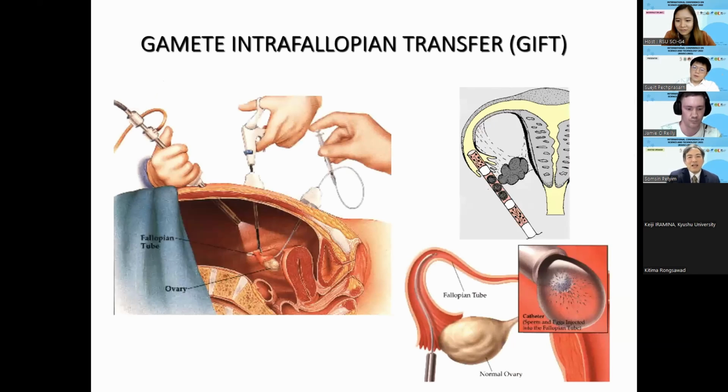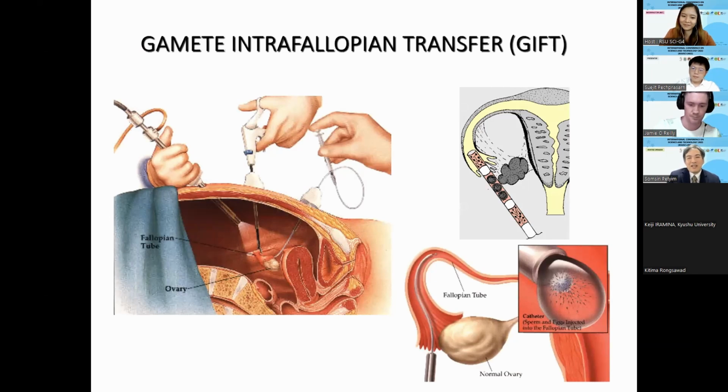And in the past, everyone was familiar with the word GIFT. GIFT comes from gamete intrafallopian tube transfer. At the beginning of the era of infertility treatment, the doctors who did laparoscopy and the biologists who worked on embryo culture met together at a conference, and they had a project to do something special.